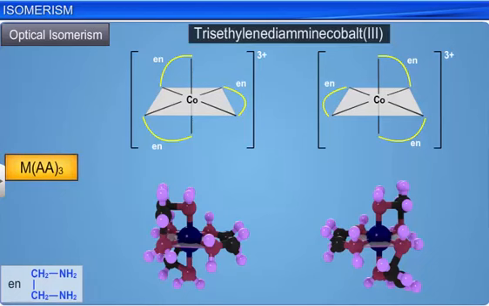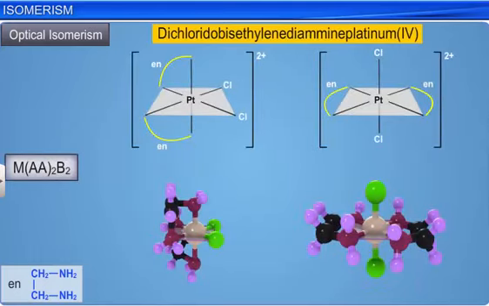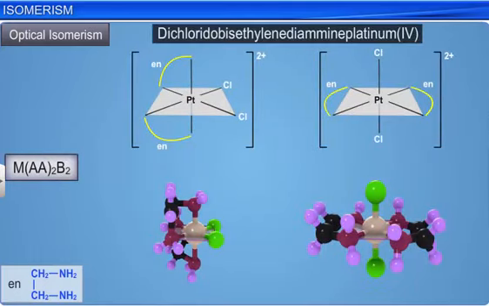Dichloridobis(ethylenediamine)platinum(IV) is an example of an optically active coordination compound of the type M(AA)2b2 containing both monodentate and symmetrical bidentate ligands. Note that only the cis isomer of this complex shows optical activity. Its trans isomer shown here is optically inactive because its mirror image can be superimposed on itself.